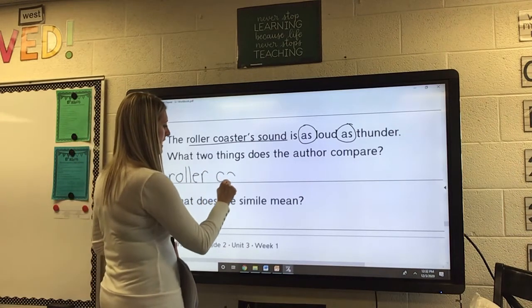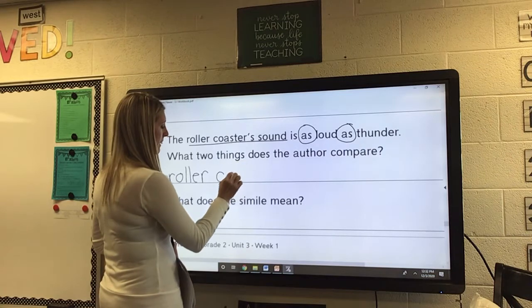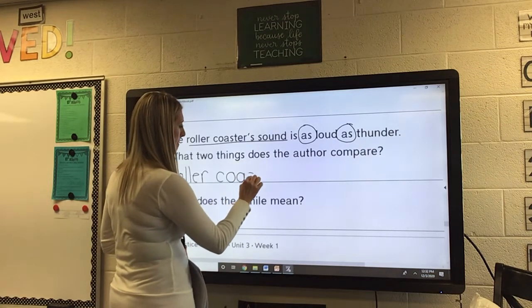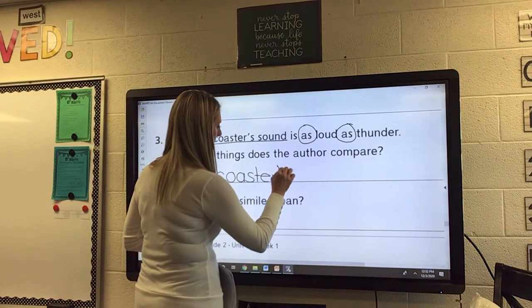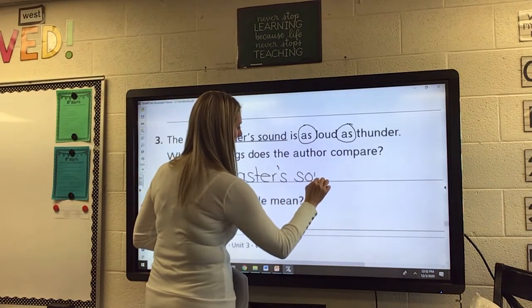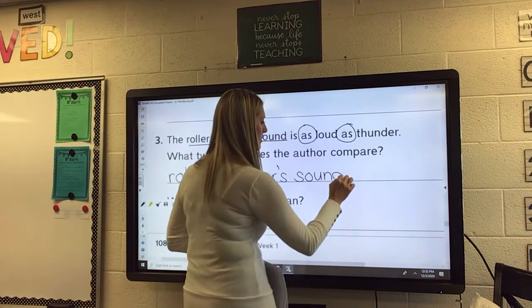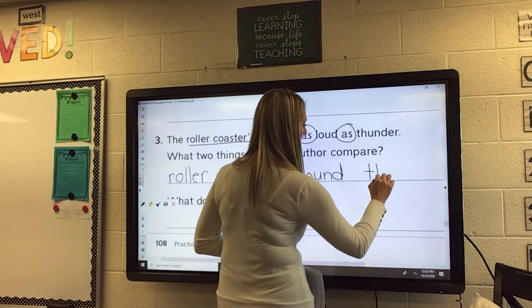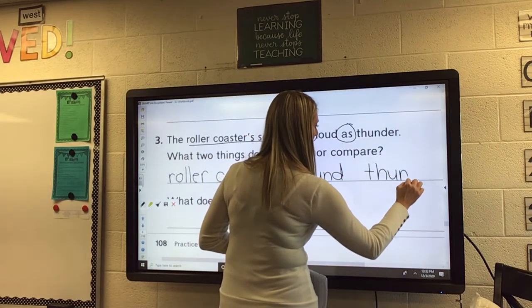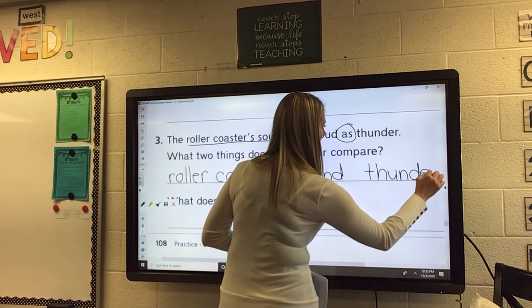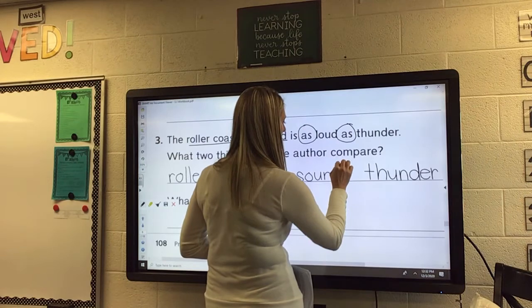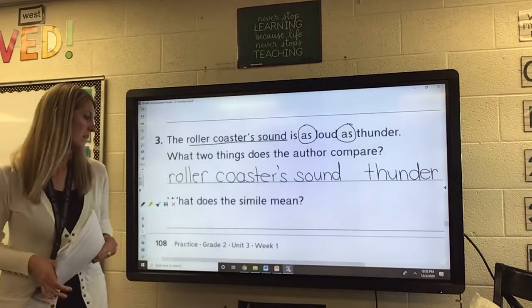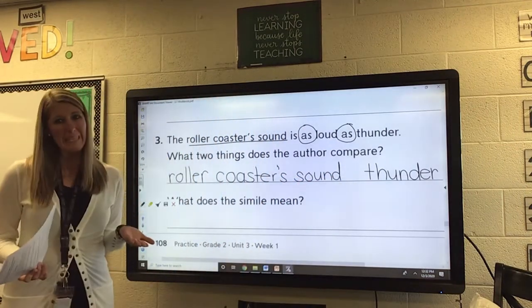Roller coasters, coasters, sound, and then I'm comparing it to thunder. So that must mean it's pretty loud. Because I know when I hear thunder, thunder is pretty loud. So what does the simile mean?